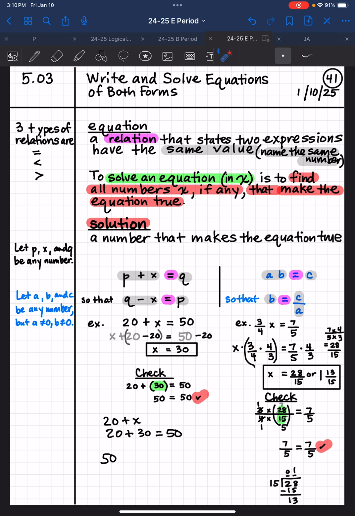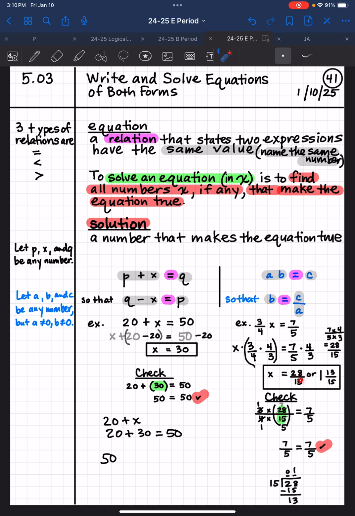So x times 1 is equal to x, so this number is x. And then I use the product formula over here, 7/5 times 4/3. I get 28/15. So then this number is 28/15. So I know that x is equal to 28/15.